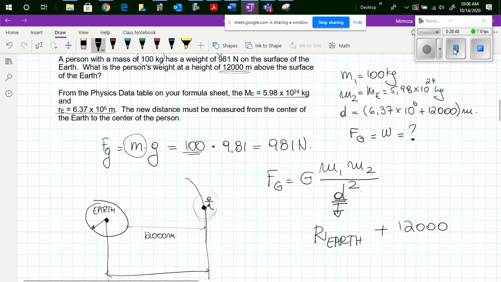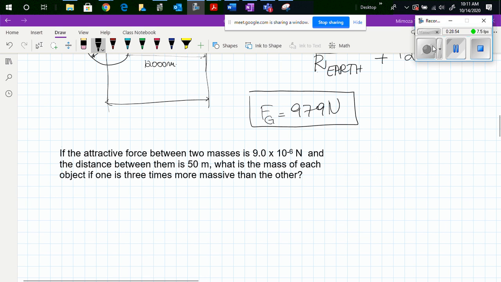Go ahead and complete this using the formula in your calculator. The force of gravity, or the weight, that the person is experiencing when 12,000 meters away from the surface of the Earth is 979.3, but it's fine to say 979 newtons.